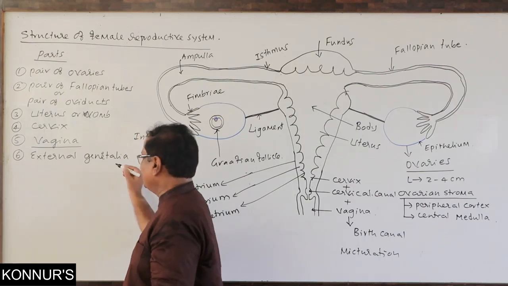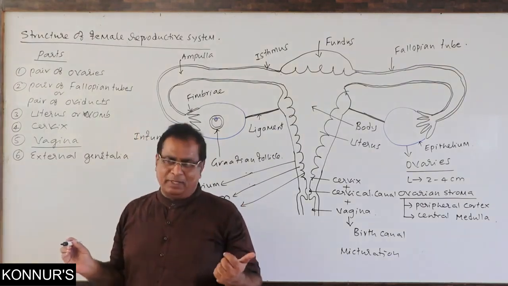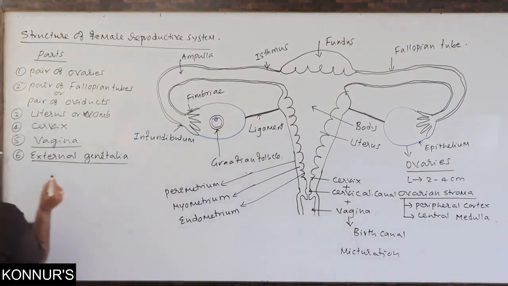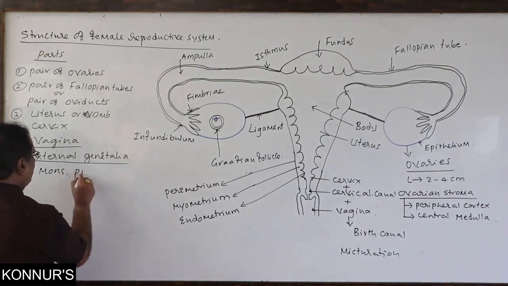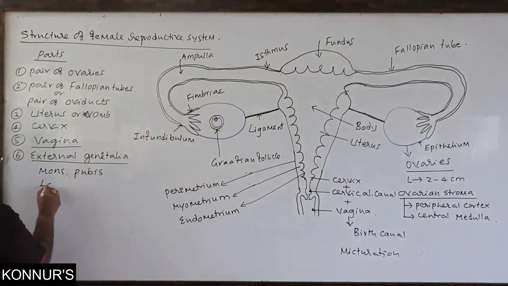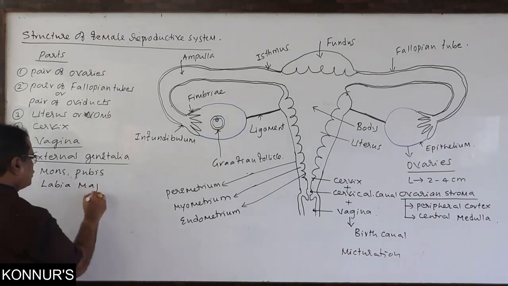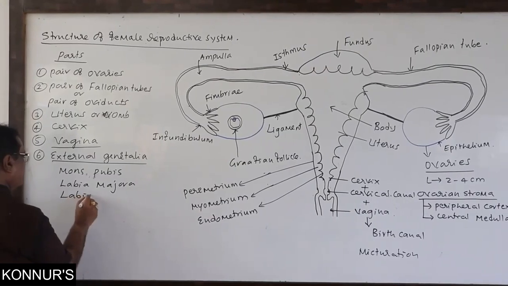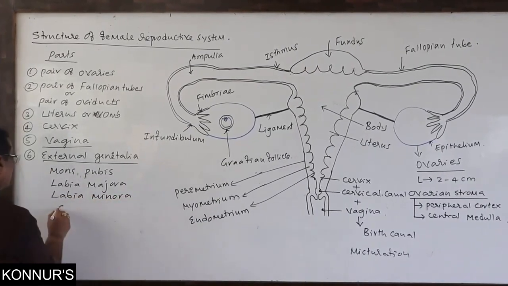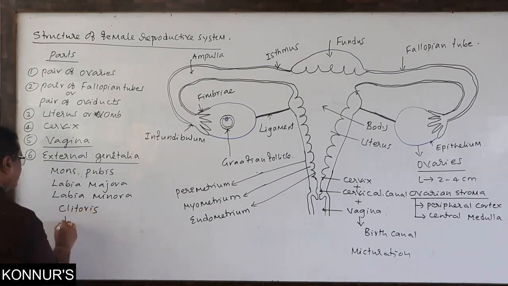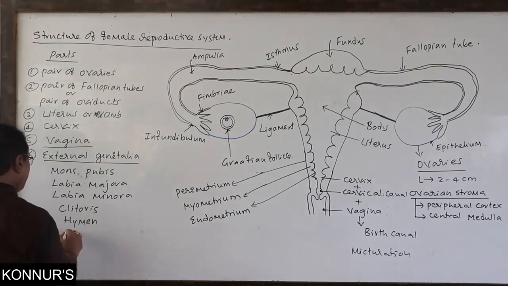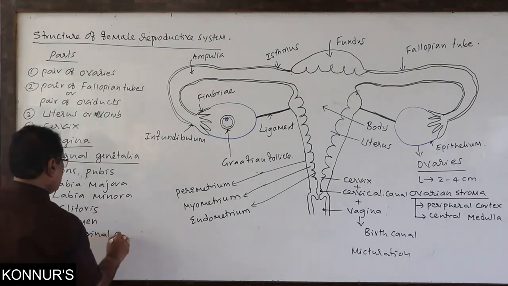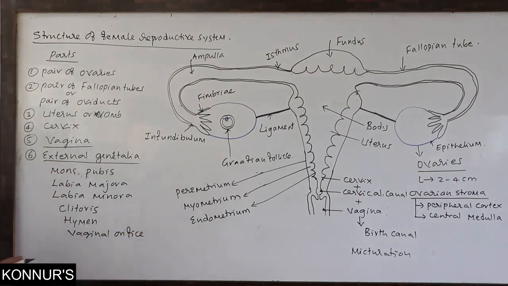For the external genitalia, we do have another diagram, and the external genitalia consists of the parts mons pubis, labia majora, labia minora, clitoris, hymen, and vaginal orifice, vaginal opening.